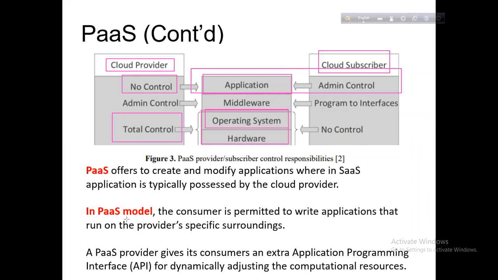In the platform as a service model, the consumer is permitted to write applications that run on the provider's specific surroundings. So in platform as a service, the provider gives its consumers an extra application programming interface, which is API, for dynamically adjusting the computational resources.